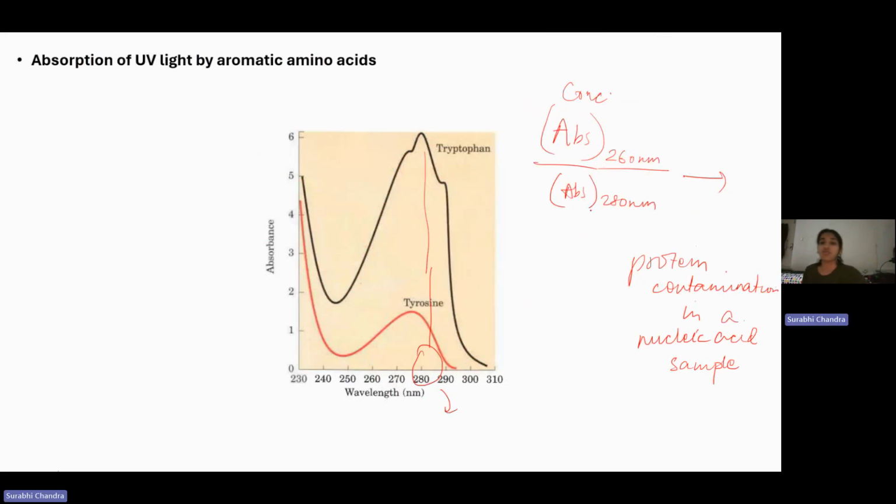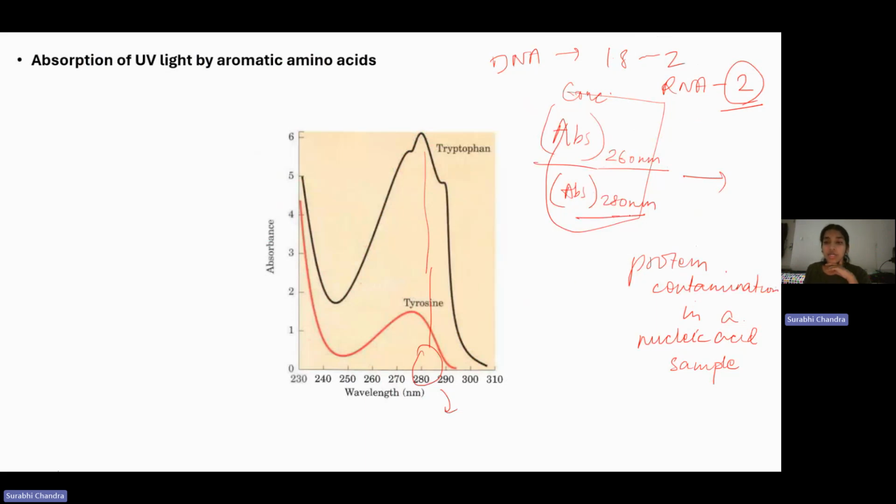If there is more protein present, this overall ratio will be lesser. Just for some trivia, for DNA this ratio of around 1.8 to 2 is fine. For RNA, a ratio of 2 is considered a very pure, good sample.